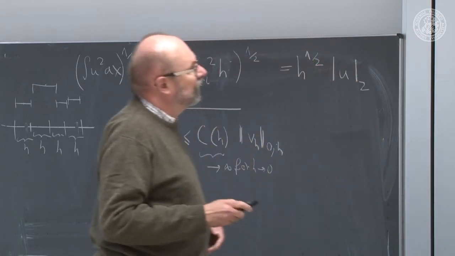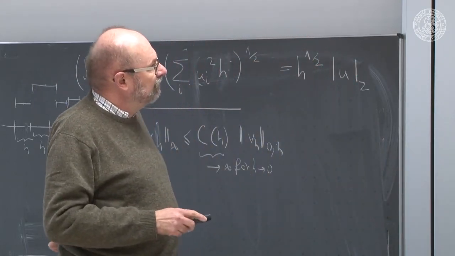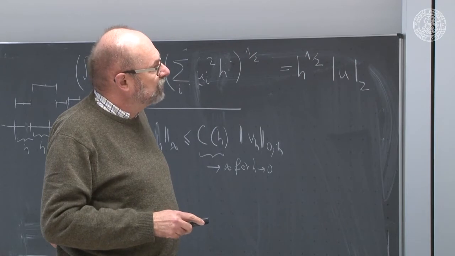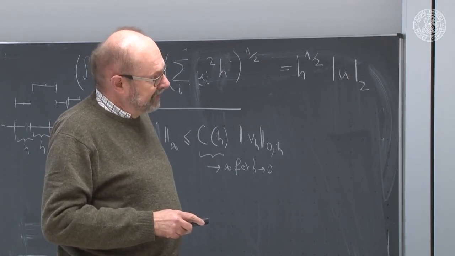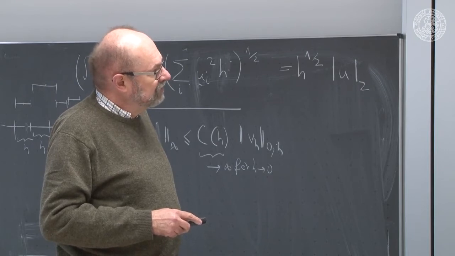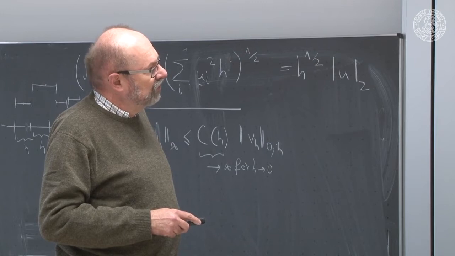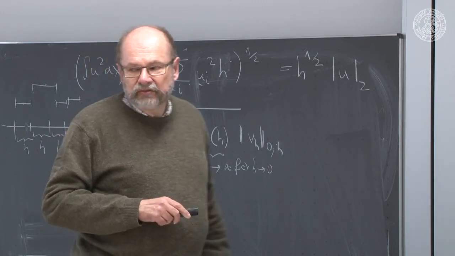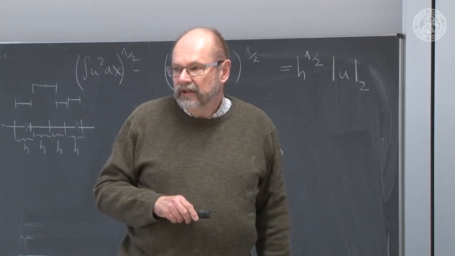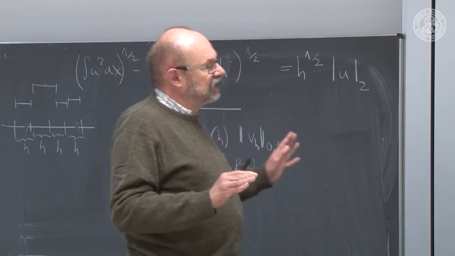In the end of the day, we want that the method converges, that we can guarantee that the exact solution minus the computed solution, in the chosen h norm, converges to 0 for h to 0. That's just a qualitative statement.